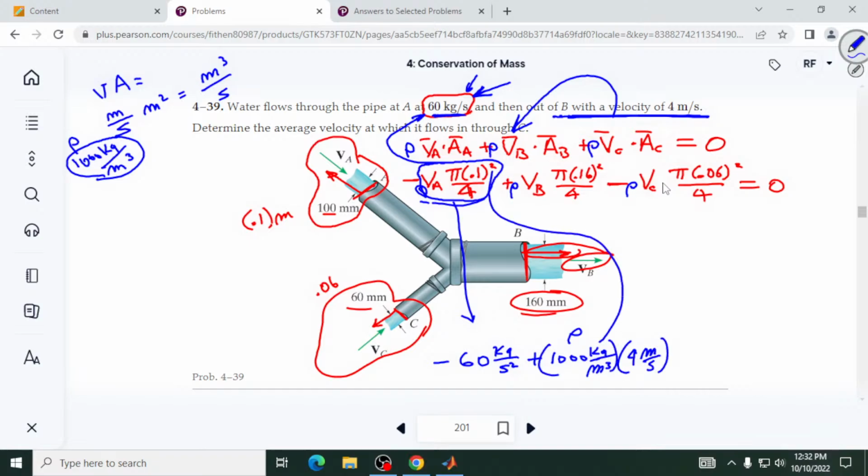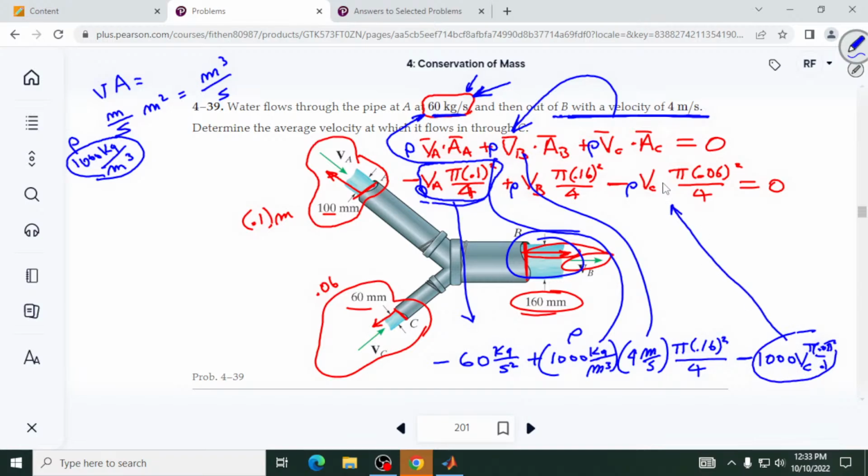So this is the density, that's the velocity, and then the area is pi 0.16 squared over 4. So this is the exit at B, and then minus 1,000 velocity C. I'm running out of room, but I could say maybe pi 0.06 squared over 4. So this is this term right here. It's just sort of cramped up.